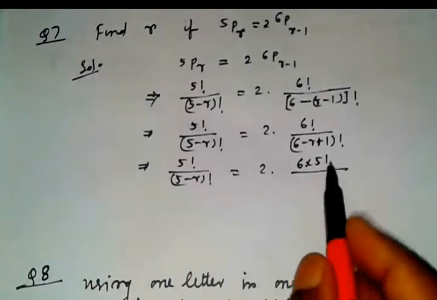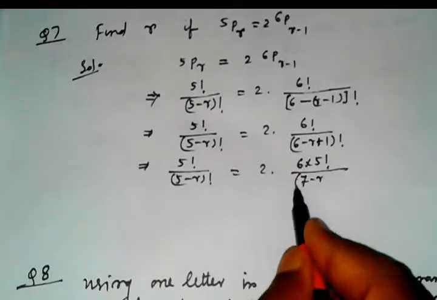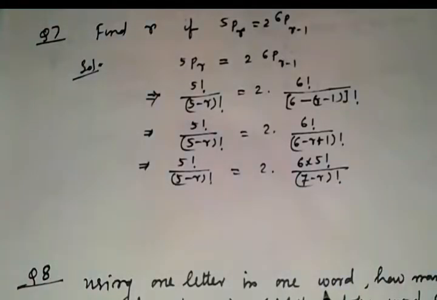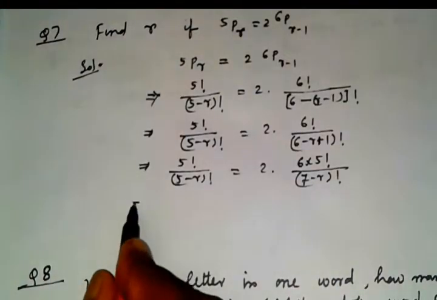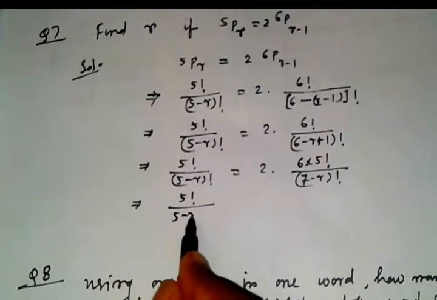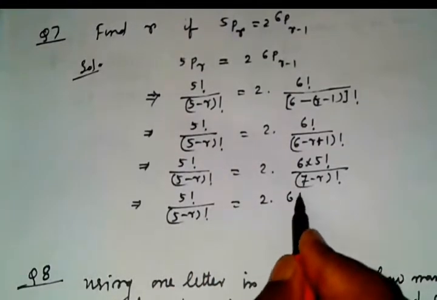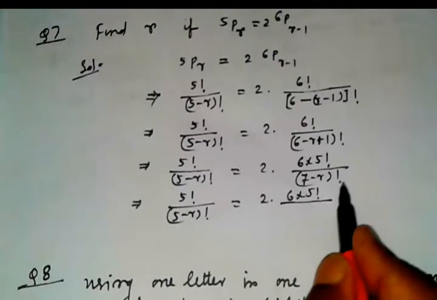Factorial 5 by factorial (5 minus r) equals 2 into 6 into factorial 5 by factorial (7 minus r).